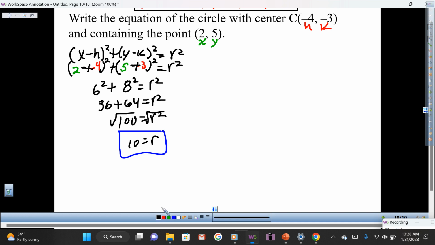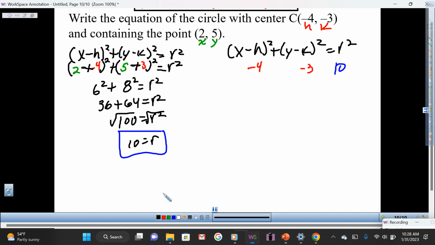Now can we write our standard form equation? Yes. (x minus h) squared plus (y minus k) squared equals r squared, which means I'm going to substitute for the radius the 10, for the h -4, for the k -3.